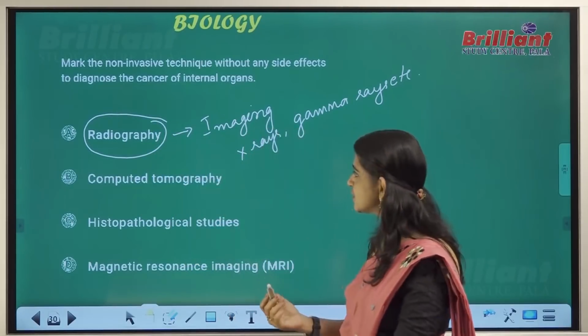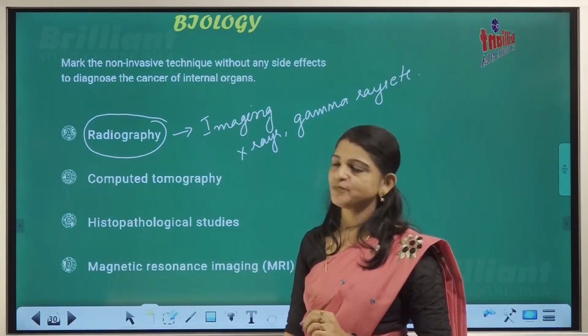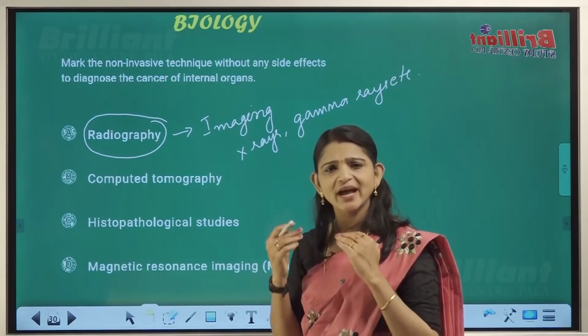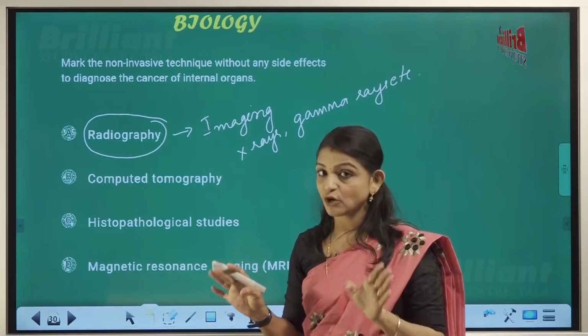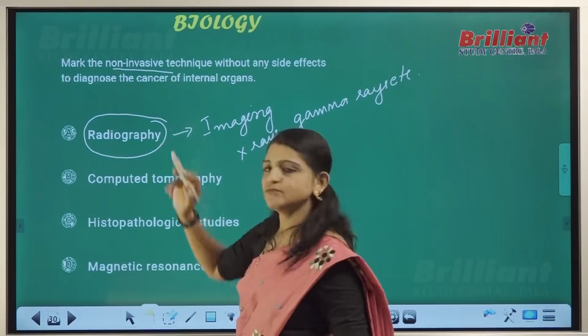It is non-invasive. Non-invasive in the sense we are not making any rupture or wound, and no surgical procedure is done. So that is correct.